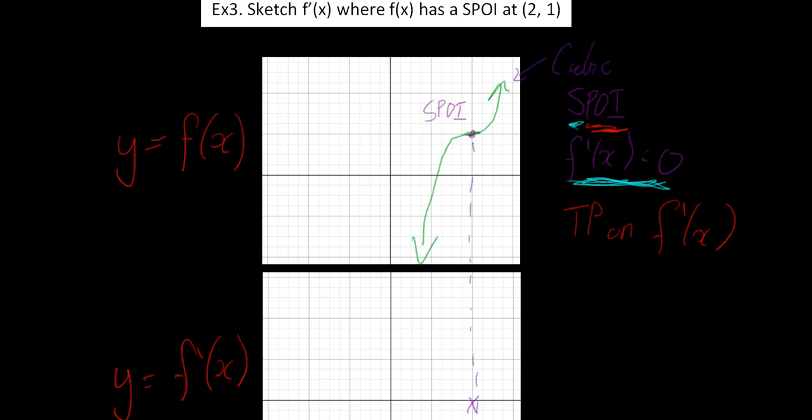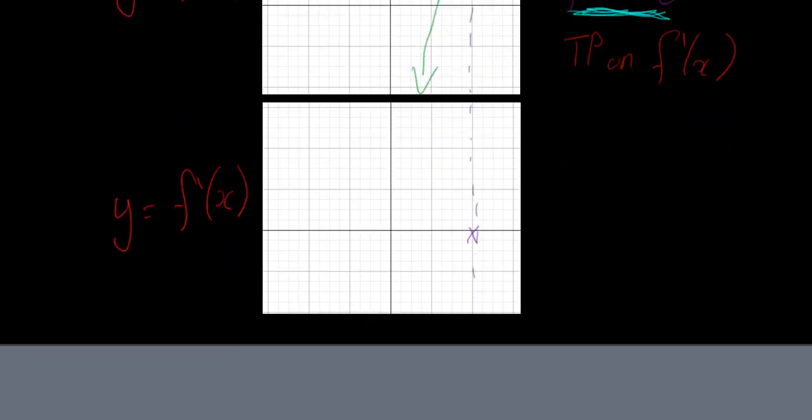But if you want to get technical about it, of course, as I said before, this can actually be any polynomial with an odd degree. So it can be a quintic, a septic, so a power of 7, or even a power of 9, it doesn't really matter. So over here, we're going to draw a positive parabola, because if we assume that the green graph is a cubic, it looks like a quadratic.